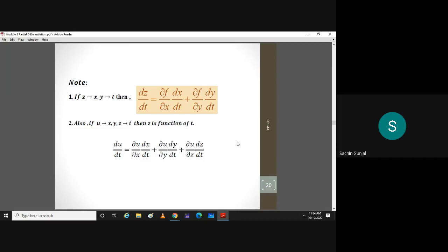So copy it fast, these two rules of total derivative. Any doubt in this? I hope this is very much straightforward, isn't it?